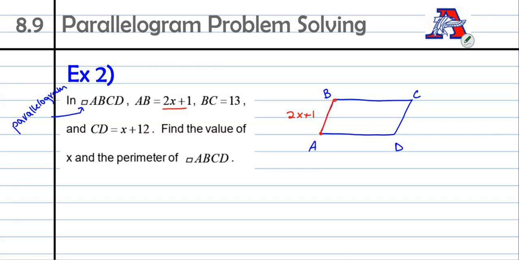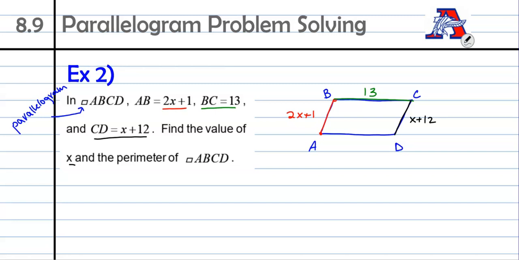We also know that BC is equal to 13. So let's fill that in. And then we know that CD, let's pick a different color here, CD is x plus 12. All right, so find x and then find the perimeter.